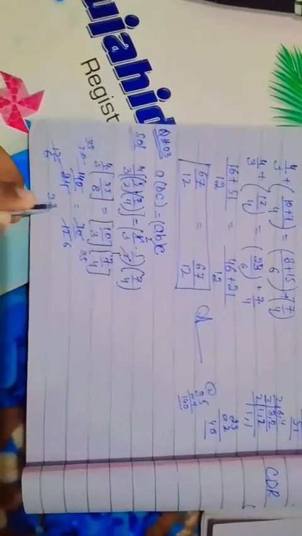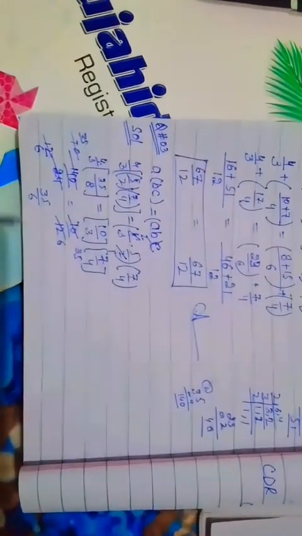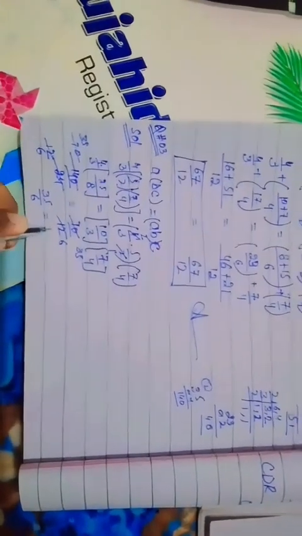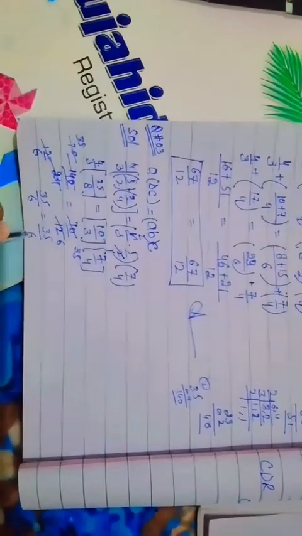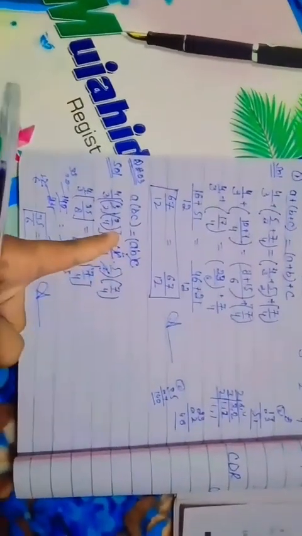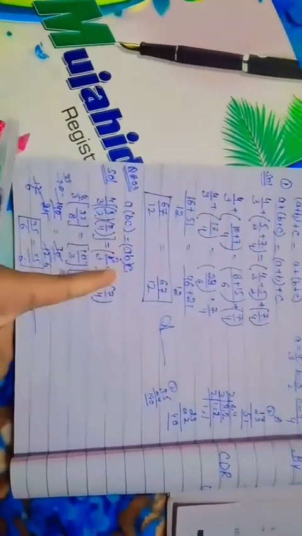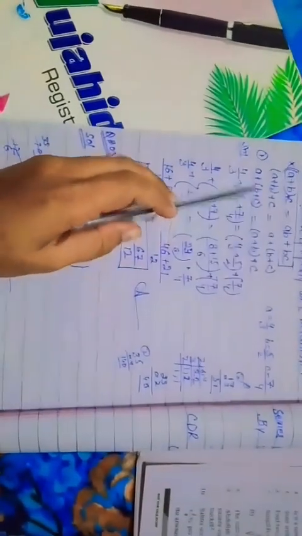Now its final value is 35 over 6, equal to 35 over 6. It proves the associative property with multiplication, and the first one is associative property with respect to addition.